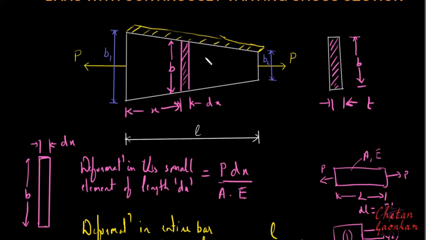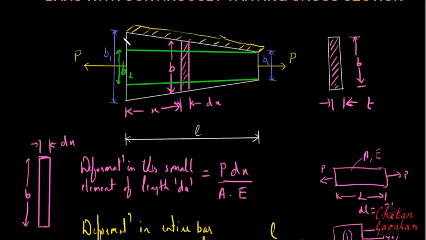And for that purpose, I will do some geometric construction to understand how b varies. So I will draw one construction line from this point to this point, and similarly one more construction line from this point to this point. I know that from here to here, the height is b2, whereas from here to here it is b1.